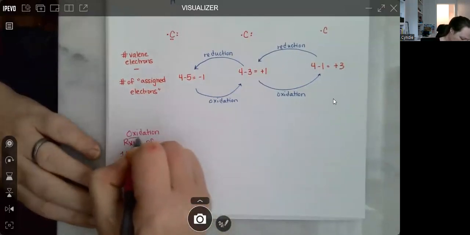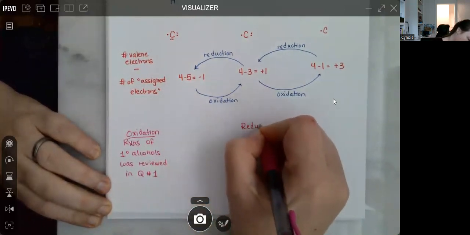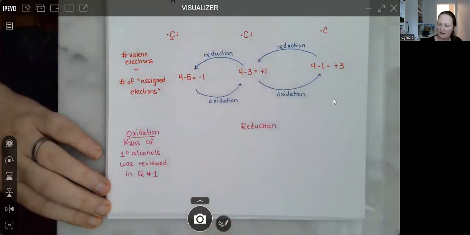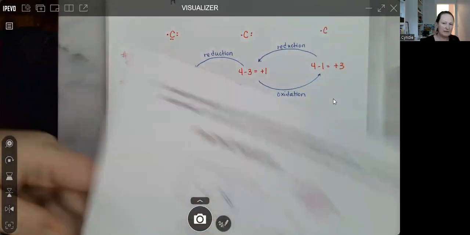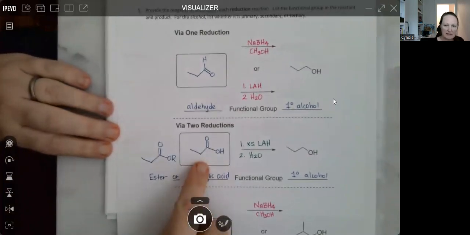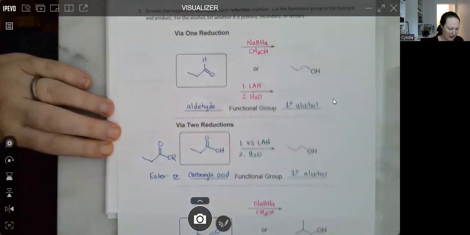So then we're going to want to think about, okay, what about the reduction conditions? And now that I think about it, did we review those as well in a different question? I think we did. I have a very short memory, don't I? We did review the reduction of a carboxylic acid and then the reduction of an aldehyde back to a primary alcohol.